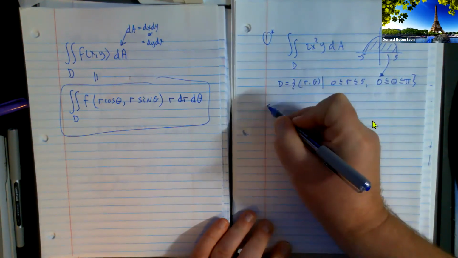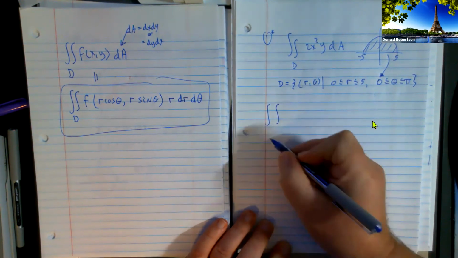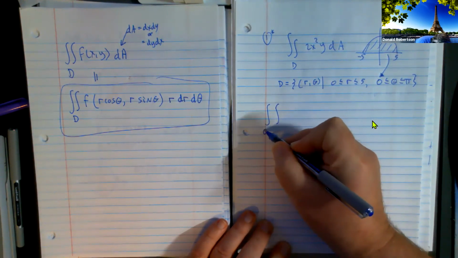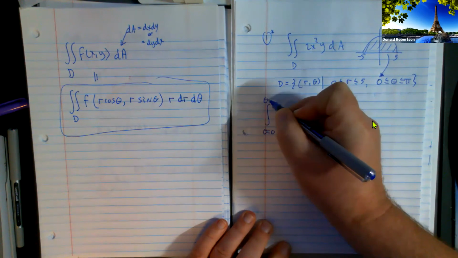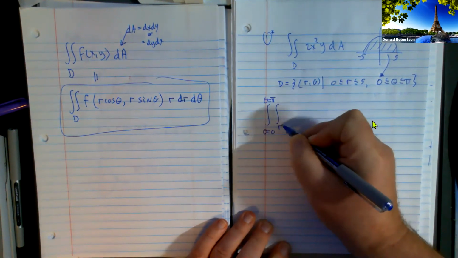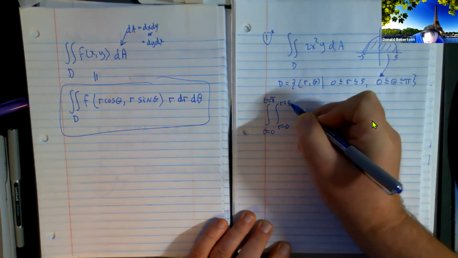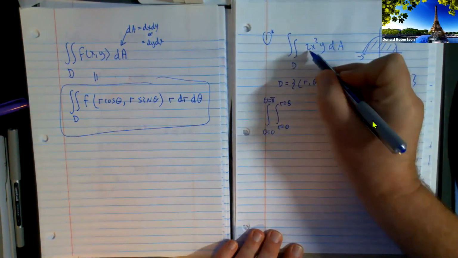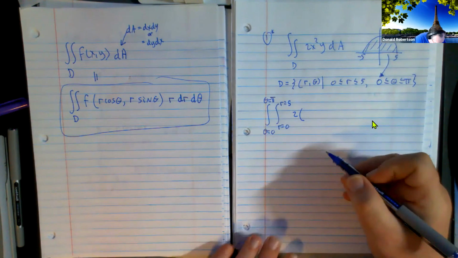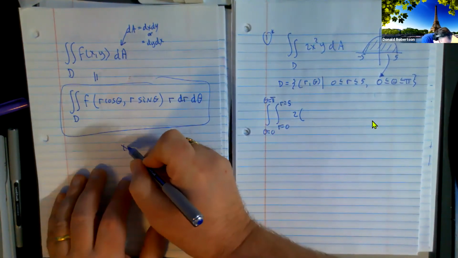Now, the double integral that we're going to do here is from theta equals 0 to theta equals pi, r equals 0 to r equals 5. And this function becomes 2.